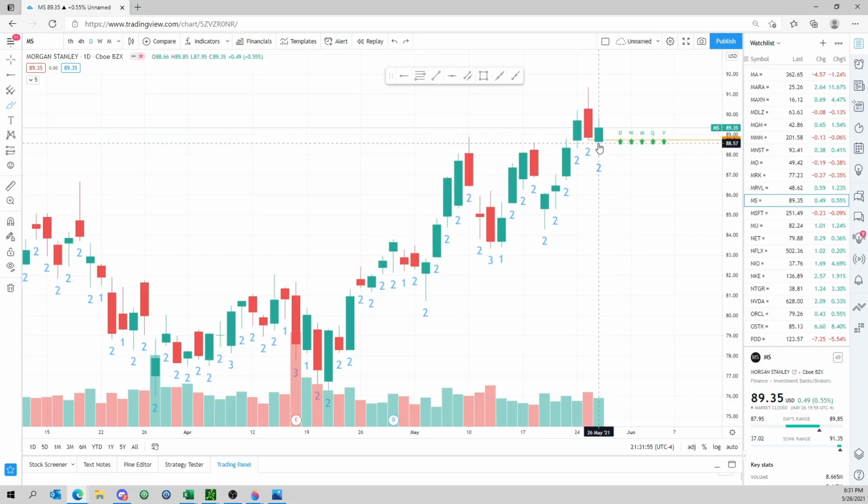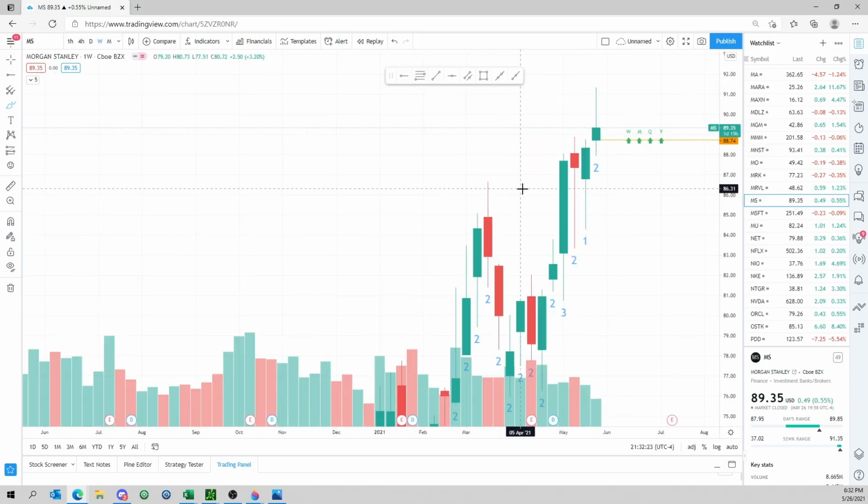So this is how we get our entries. The only difference that time frames make are different levels. And the theory is the higher the time frame, the stronger the breakout will be. So there's a lot of people who will just trade weekly breakouts, a lot of people who will just trade monthly breakouts, and it works.